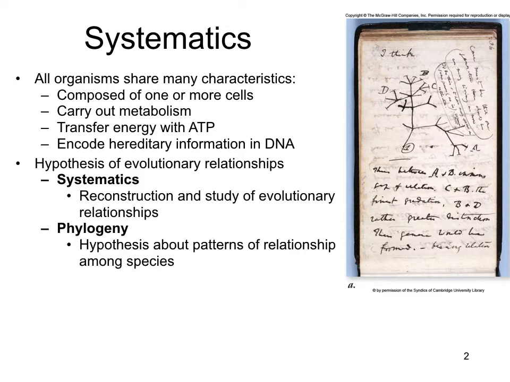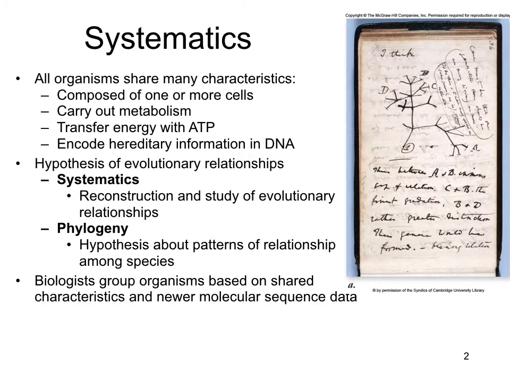And these evolutionary relationships, the study of these relationships is systematics, and a phylogeny is a family tree. It's a hypothesis about how species are related.